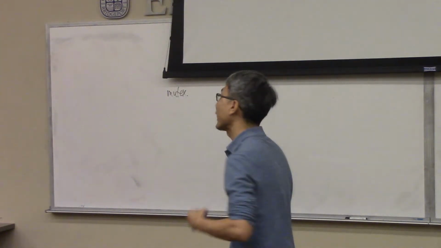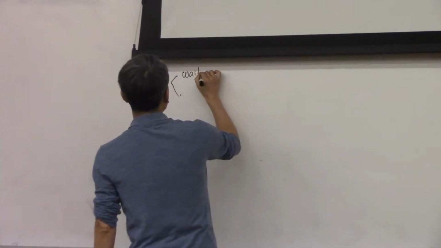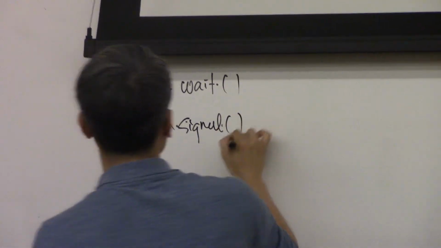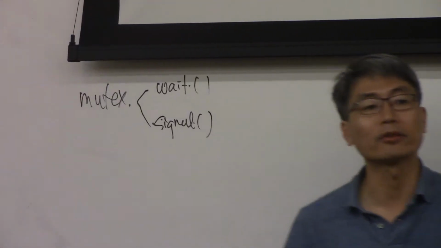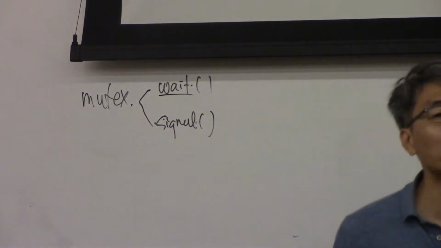For example, to access the shared data, we can get the required lock, then release the lock. For getting and releasing the lock, we have two operations, wait and signal. Wait is getting and holding the lock, and signal is releasing the lock. So these two operations should be paired.